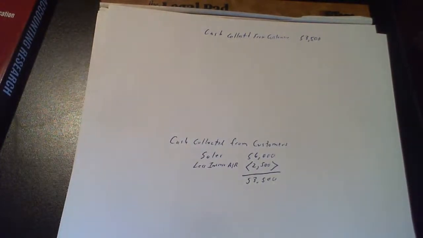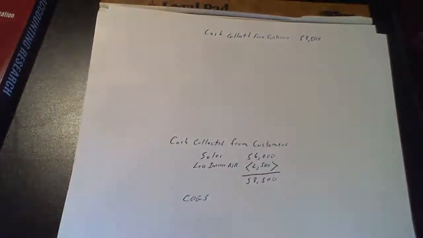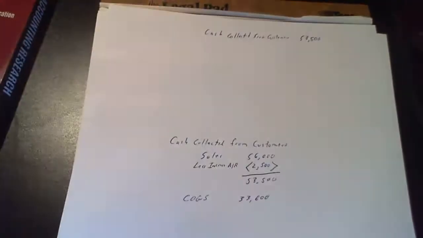And so we're going to start that with our cost of goods sold. That comes off of our income statement as $33,600. And then we have to look at our inventory. Our merchandise inventory, we started at 1,800 and we ended at 4,000.